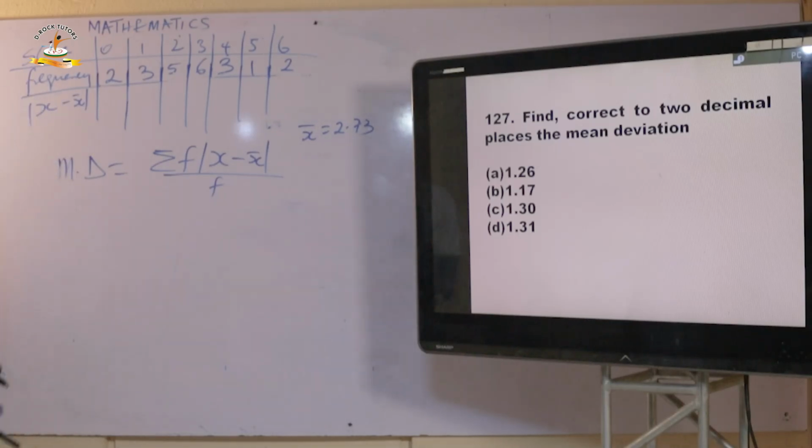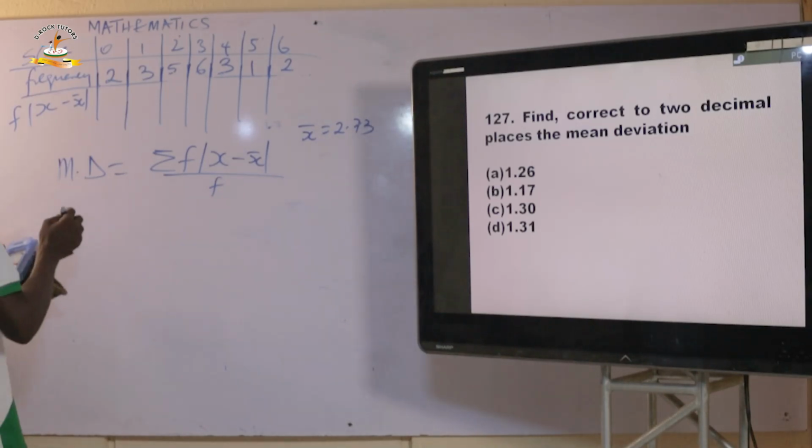So let's begin. We ask ourselves, 0 minus 2.73, it is still minus 2.73. We multiply that by 2, and it is minus 5.46.